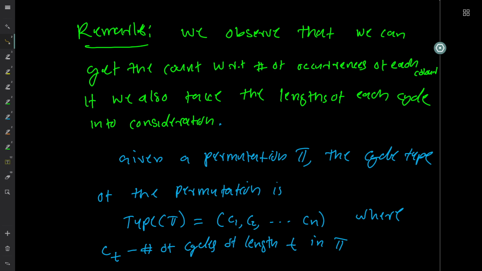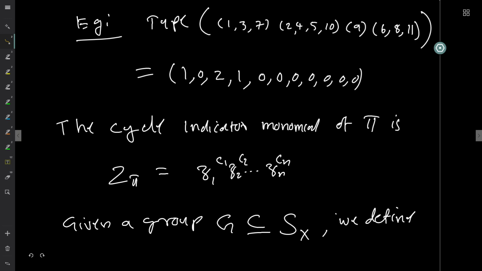You can look at some example. The type of the permutation given by the product of the cycles (1, 3, 7), (2, 4, 5, 10), (9), and (6, 8, 11) is of type 1, 0, 2, 1, 0, 0, 0, 0, 0, 0, 0. Why is that?